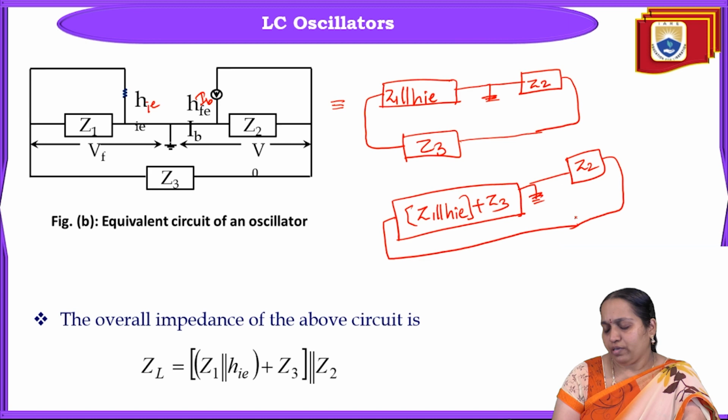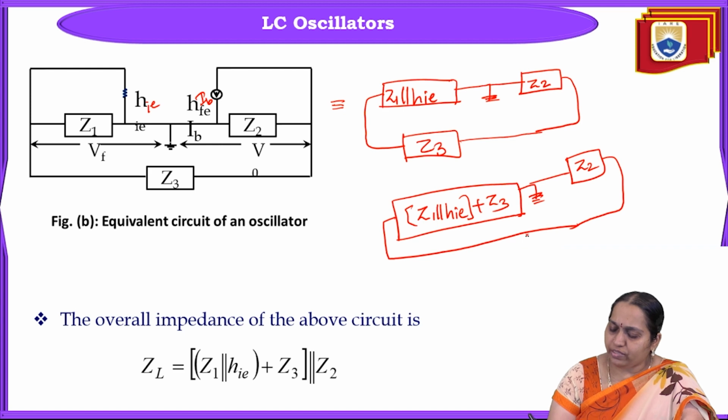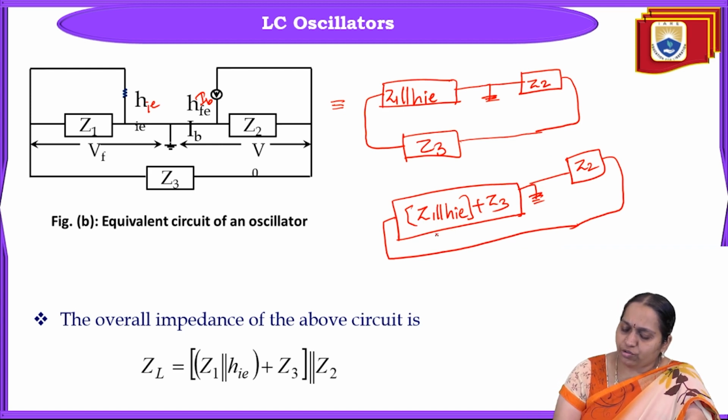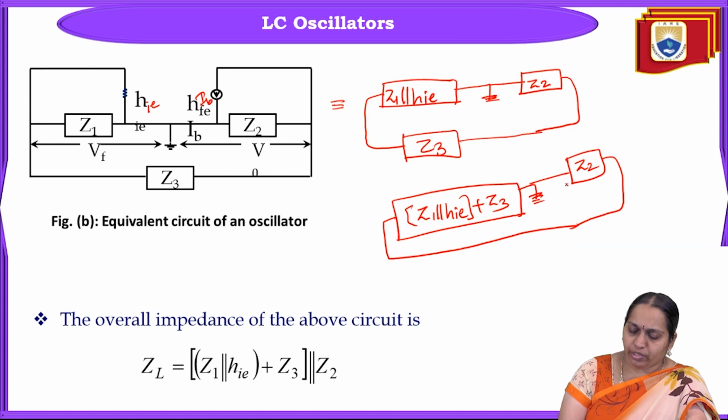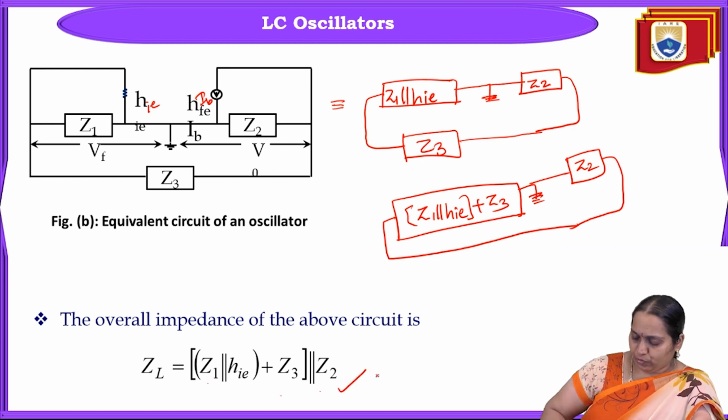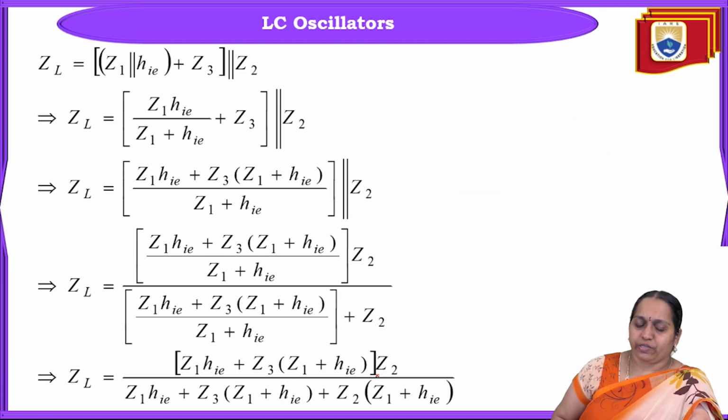Now again we see that one end of the two impedances are connected and the other ends are given to ground. So it is again understood that this Z1 parallel hie plus Z3 is in parallel with Z2. So the overall impedance is given by ZL equal to Z1 parallel hie plus Z3, in parallel with Z2. We shall try to simplify this.